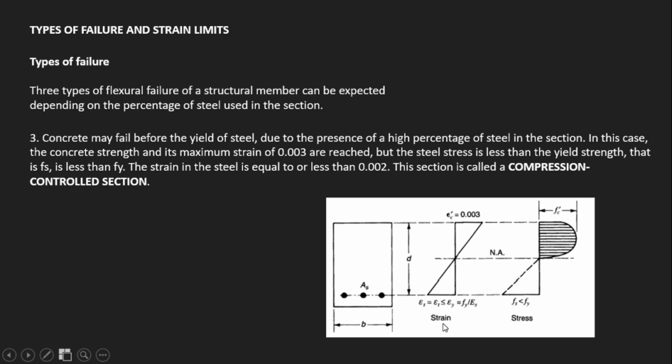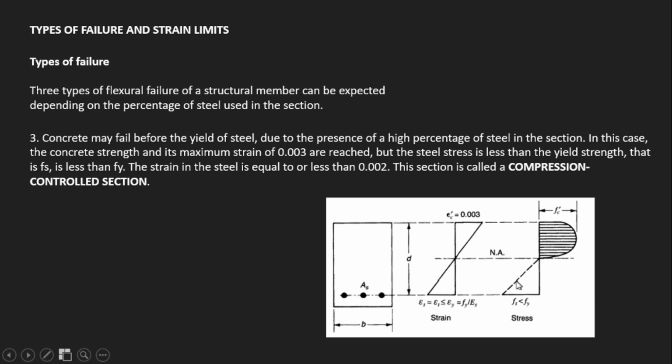So, this is the strain diagram ulit. So, yung actual strain natin dito is less than or equal to the yield strain or itong EY. That is also equal to Fy over the modulus of elasticity for steel or ES. So, syempre dito, pag nag-less than yung actual strain natin, mag-less than yung actual stress din natin sa yield stress natin.